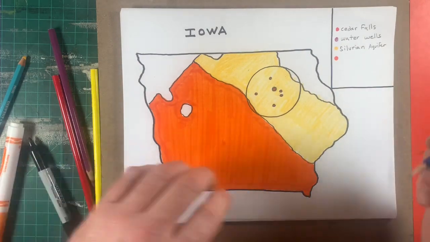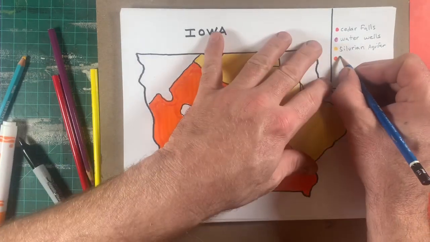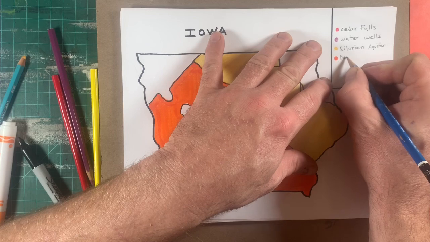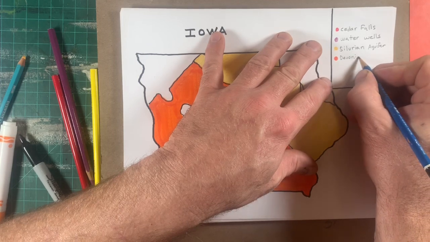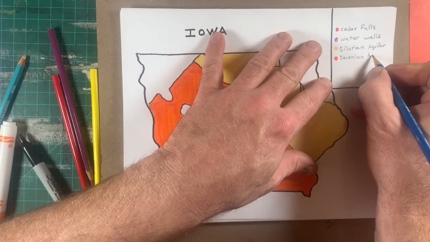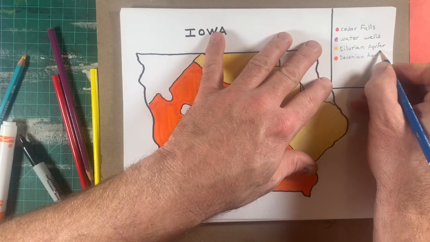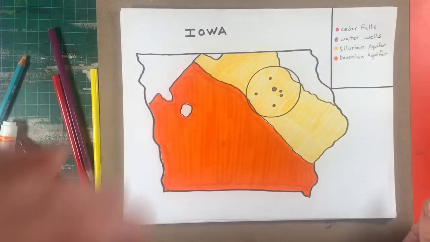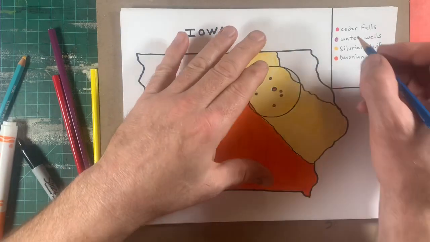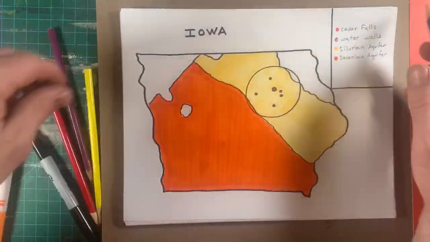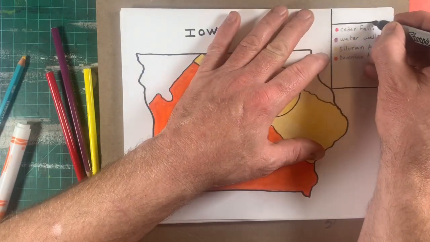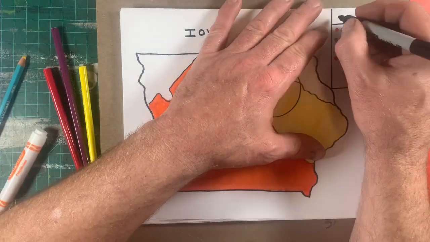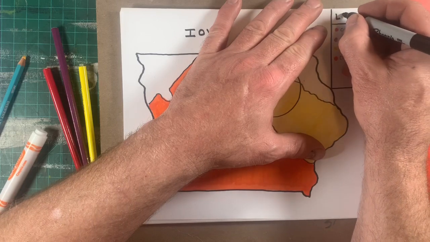Now you might have different types of water source, so it's up to you to be creative on how you make your map. You might have rivers, you might have fresh water sources from mountains, but again, the research that you do is going to drive all of the information that you put onto your map.